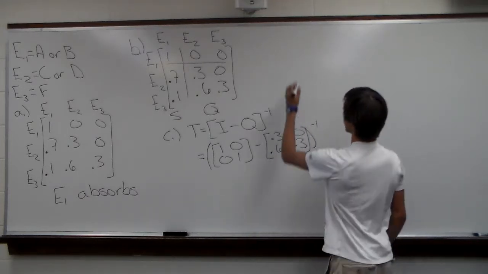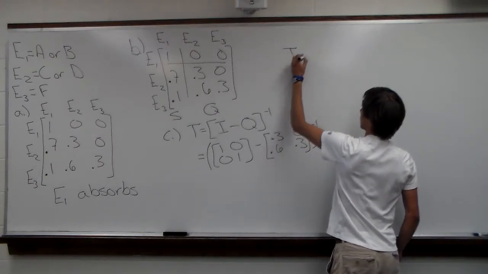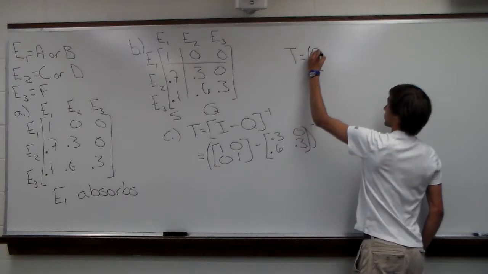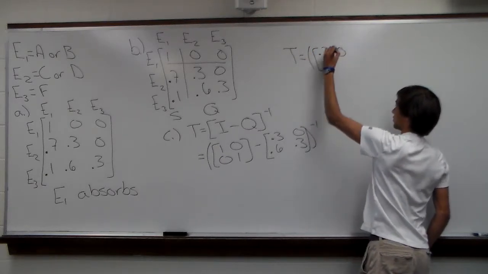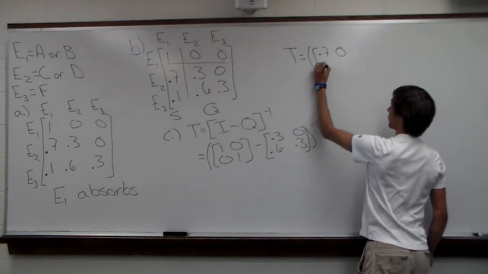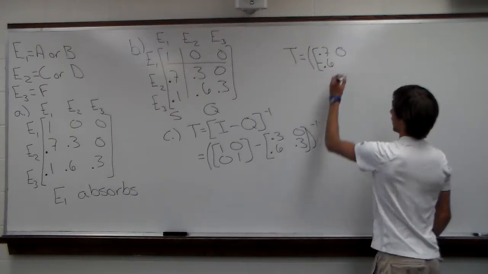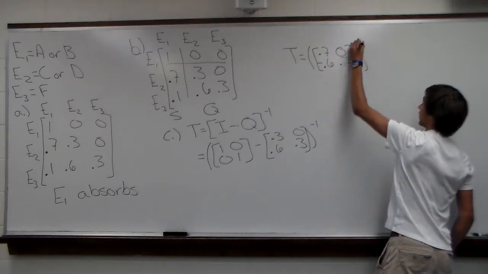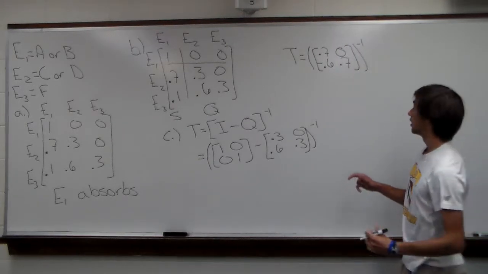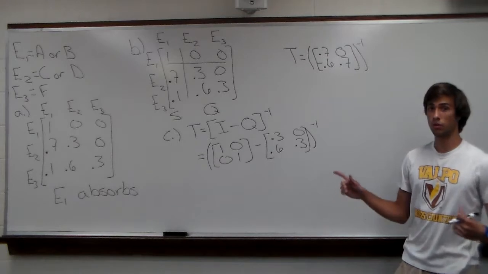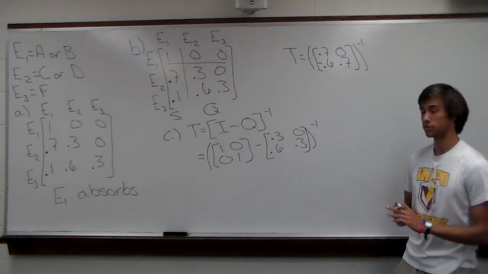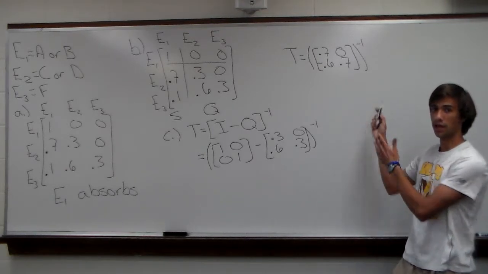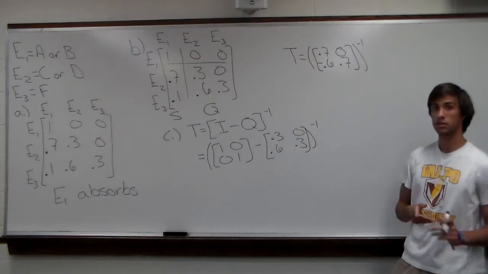And then find the inverse. So let's write that T equals the inverse of 0.7, 0, negative 0.6, and 0.7. Here you would either use a calculator, or use the method where we put the identity matrix on the right and solve until the left side becomes the identity matrix.